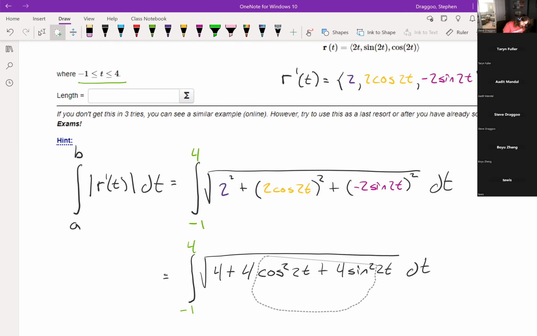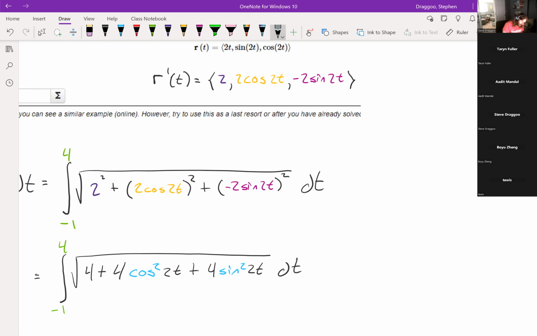And let's take a quick moment to highlight something that came about. Within that function, I've got a 4 cosine squared plus 4 sine squared, which is a Pythagorean identity. So one thing to maybe point out over here, sine squared of theta plus cosine squared of theta is equal to 1.